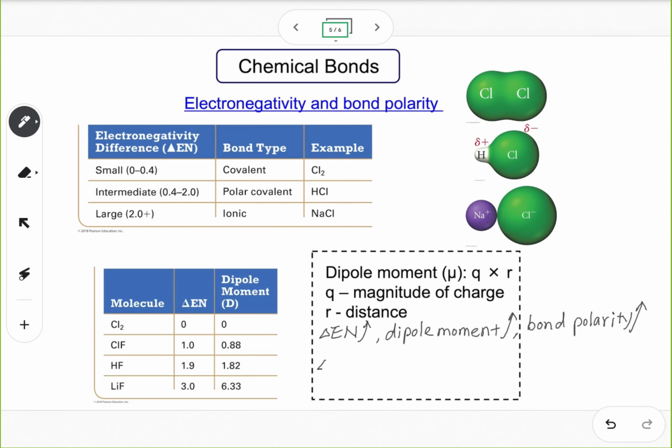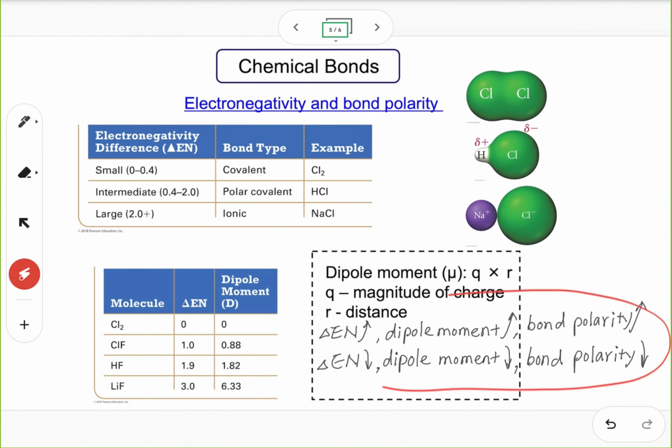On the other hand, if you have lower delta EN or smaller delta EN, then the dipole moment will also be smaller. That means the bond polarity will be lower. Okay, I want you to be very clear about those two trends.